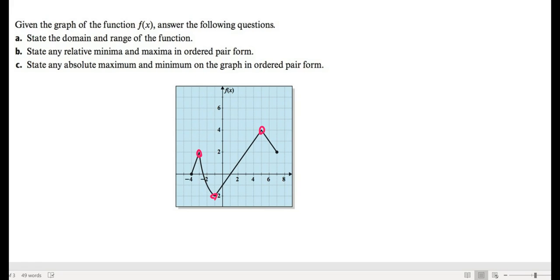So these are the 3 points we're going to look at. And you can see that these are going to be relative maxima, and this one's going to be a relative minima. So relative minima are going to be our valleys, and relative maxima are going to be our mountaintops.